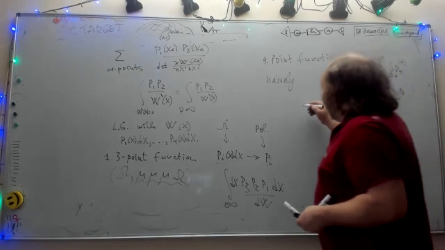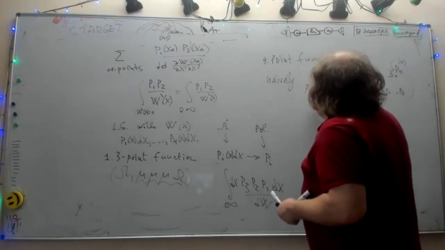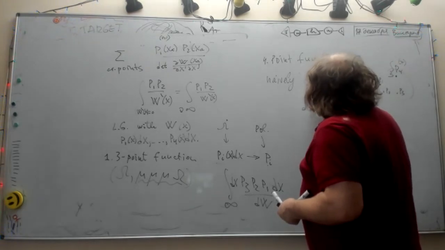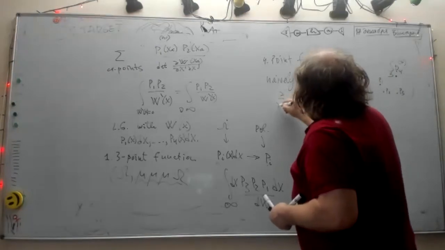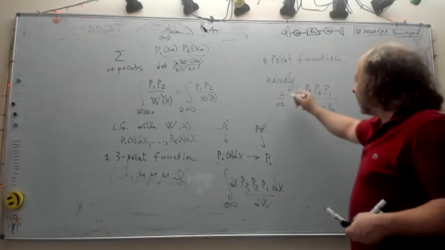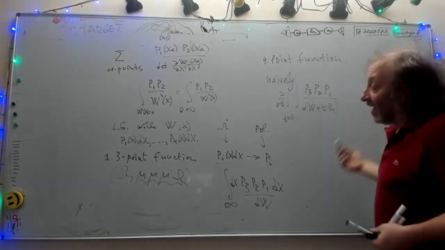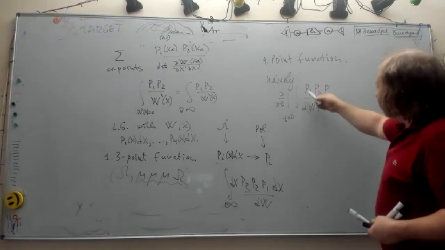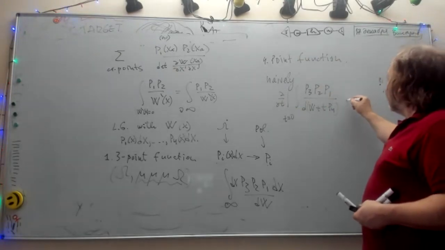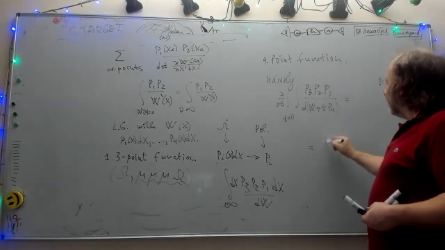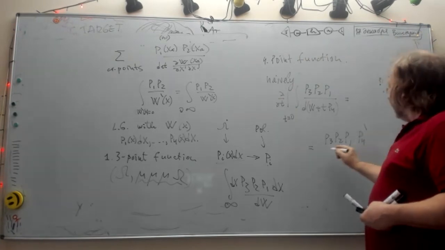So naively, I need to put here P3, P2, P1, d over dt of W plus tP4, at t equals 0. Naively, I may think that I need to compute the correlator in the deformed background, right? So it should be P3, P2, P1, P4 prime.